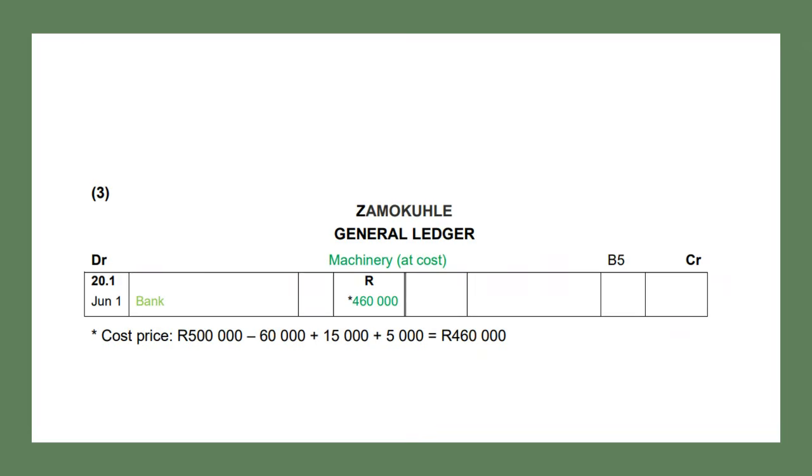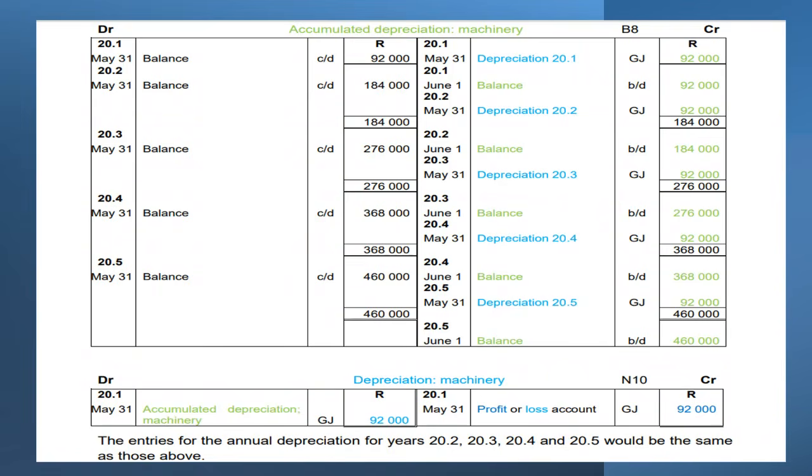Remember that we said accumulated depreciation is a contra asset account, it increases on the credit side and reduces on the debit side. So for year 1, the depreciation that we calculated was how much? 92,000. So the journal entry we wrote, we said debit depreciation, and we credited the accumulated depreciation. That's why here you go to the accumulated depreciation account, you credit 92,000 and you write a description here: it was depreciation for year 1.